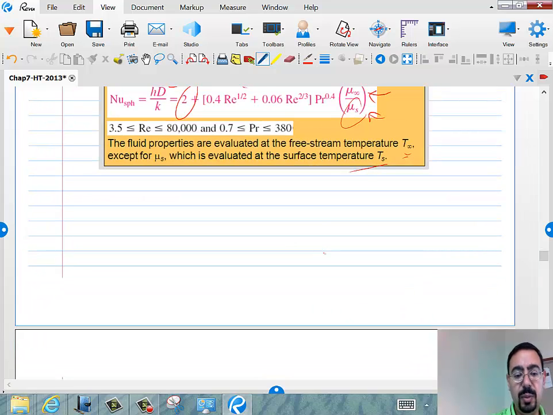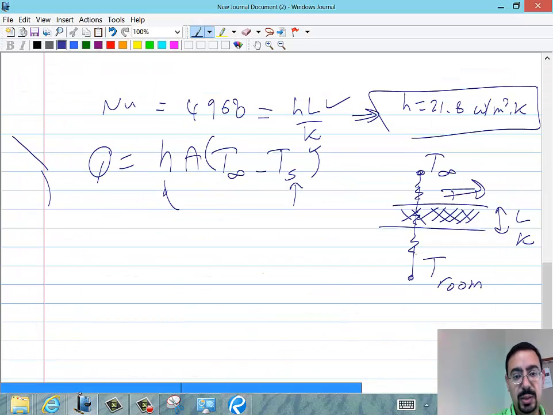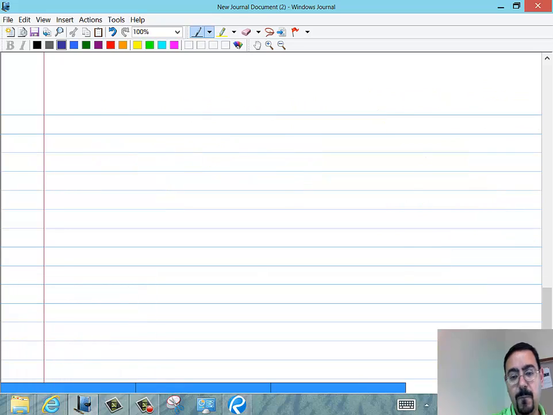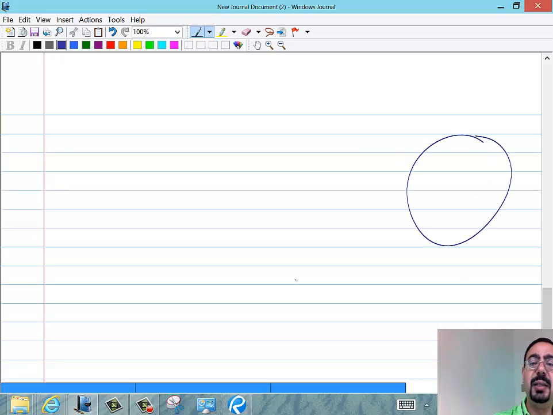So let's solve a problem about this. Again, this was an exam problem. There is this tank, and this tank has liquid nitrogen in it.